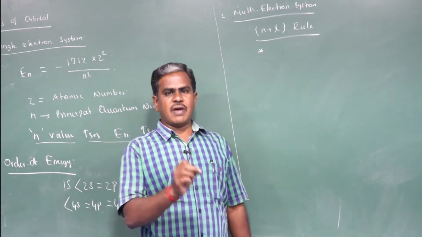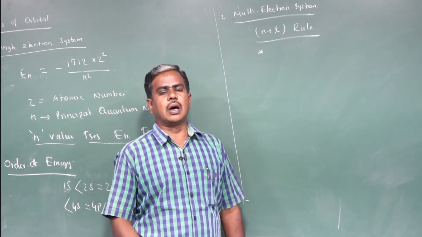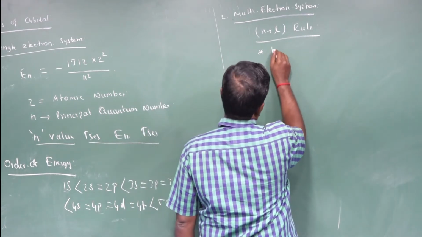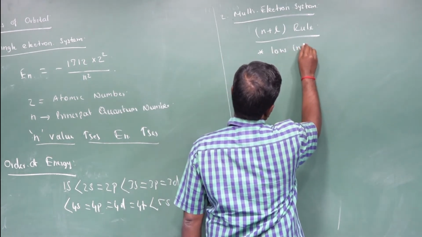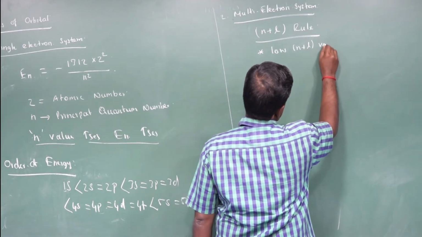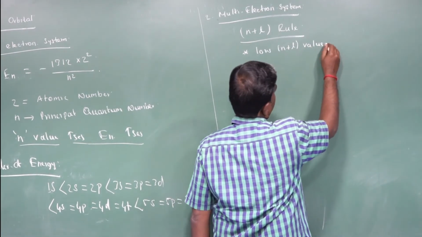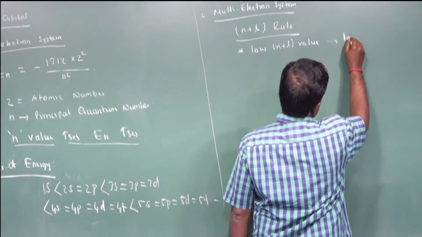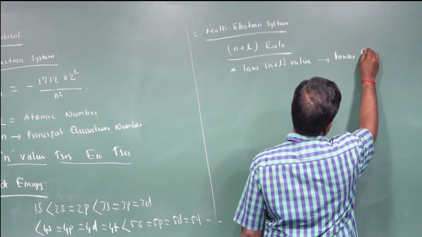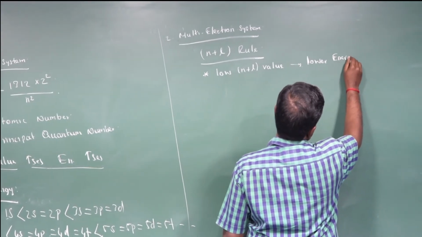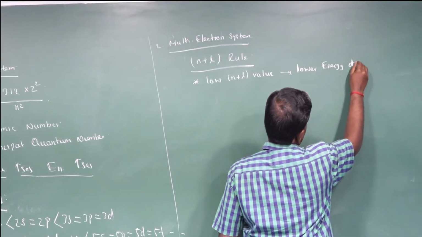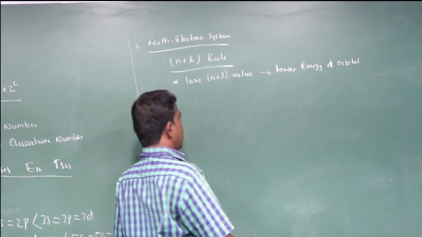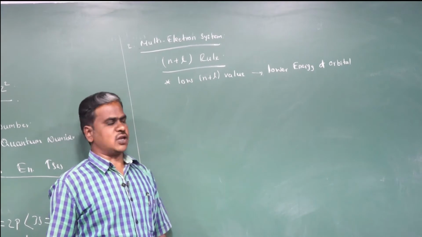When the n plus l value is lower, the orbital energy is lower. So, the lower the n plus l value, the lower the energy of an orbital.